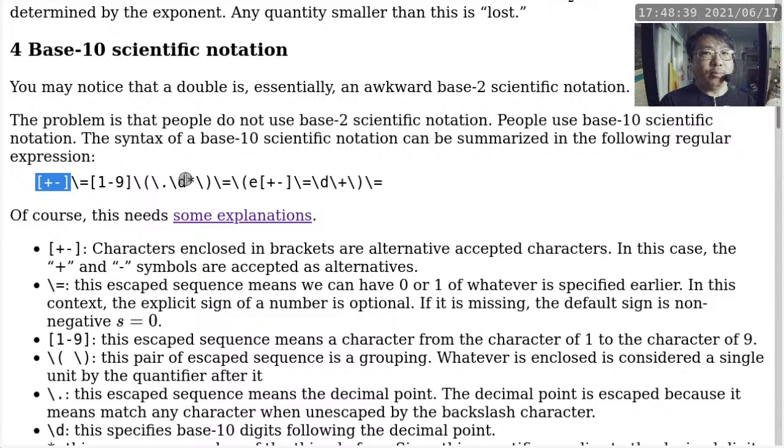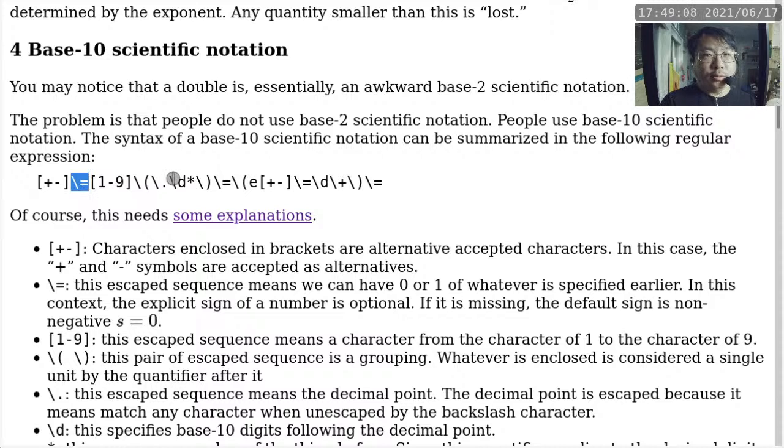Everything in square brackets are alternatives for one single character position. So in this case, I'm specifying plus and minus are the only two characters that can be specified in this space. So square bracket is indicating what characters can be used, or options, for this specific character position. Then we move on to backslash equal to.